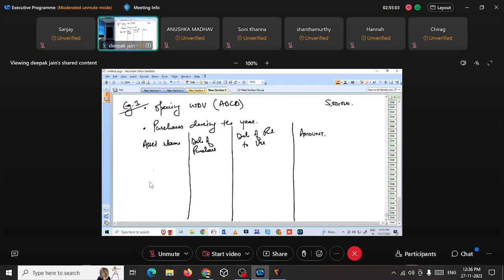Asset E: date of purchase 1st May 2023, put to use on the same date, 80,000. F is old: 1st July 2023 purchased, put to use 15 September 2023, 1 lakh.